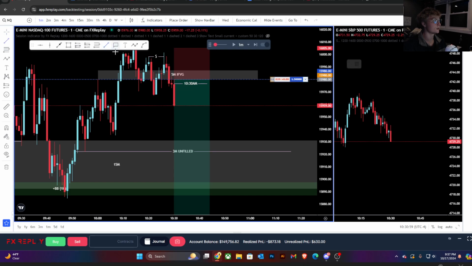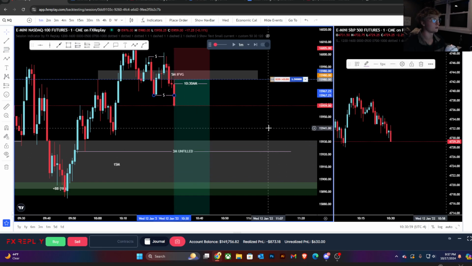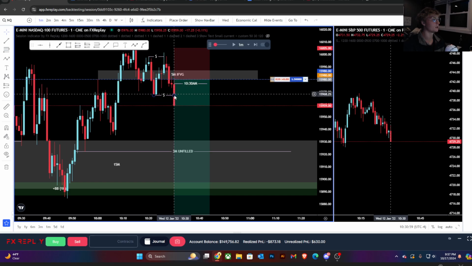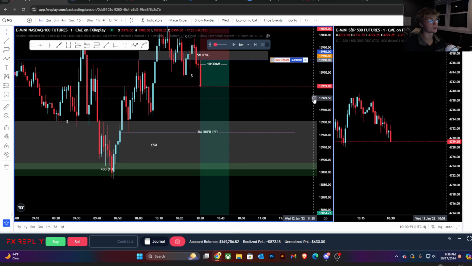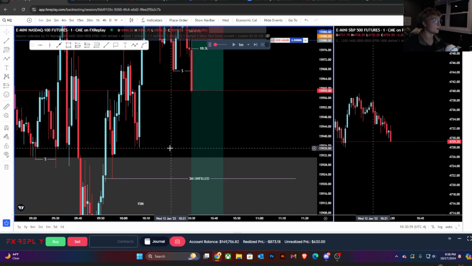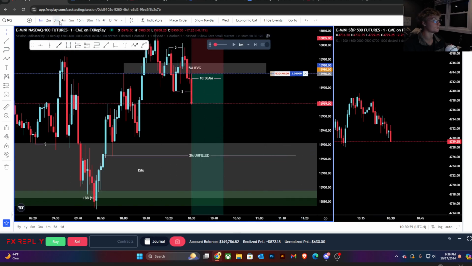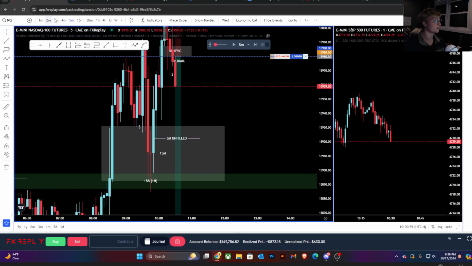Break even, since we did take out internal here, and 10:30's kind of opening up lower as well, so I don't really want to get caught up in the 10:30 a.m. manipulation. But yeah, TP1 here will be most likely this 3-minute.